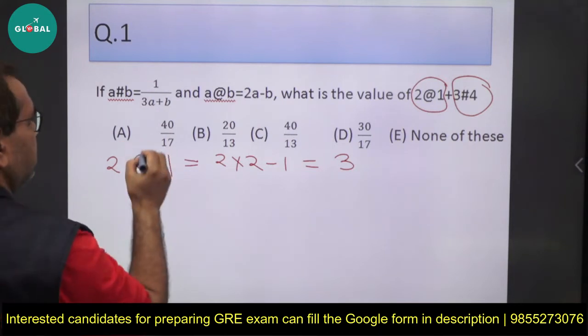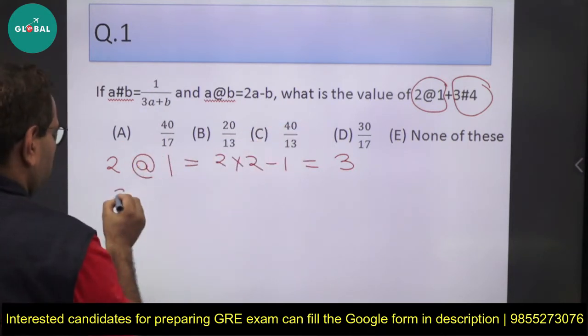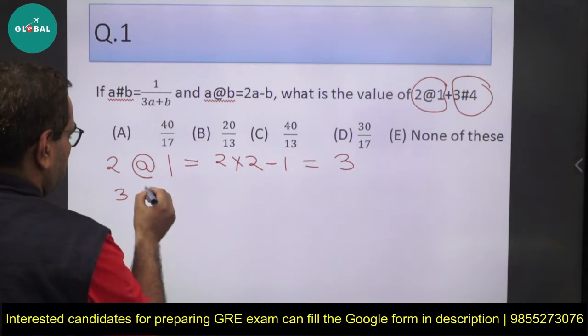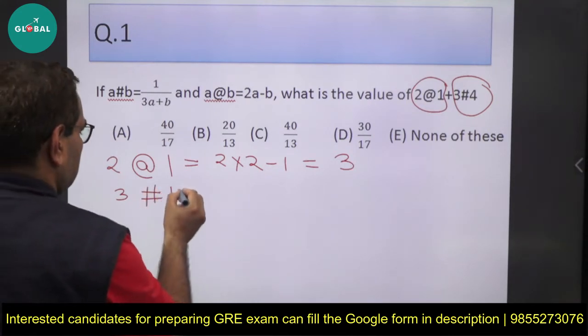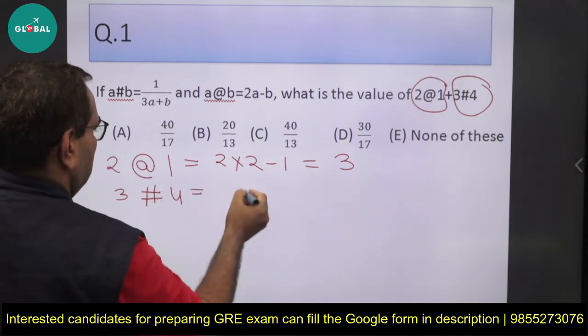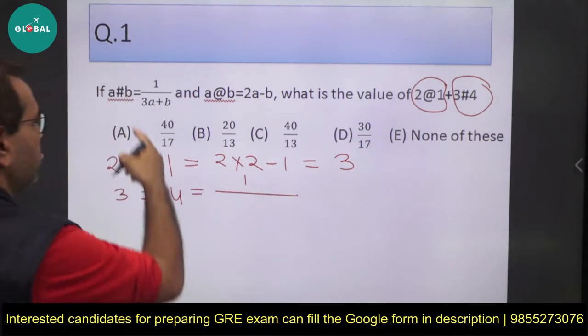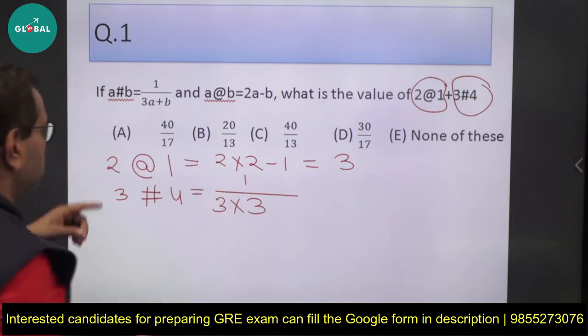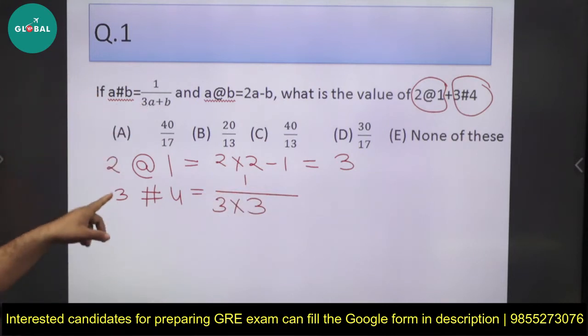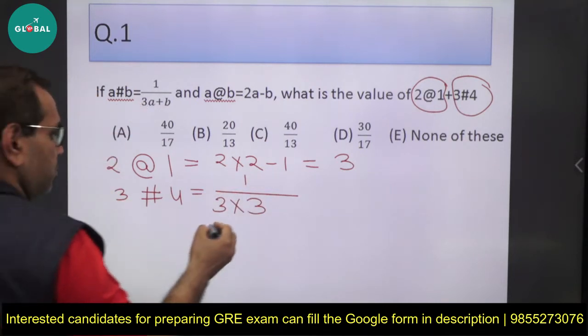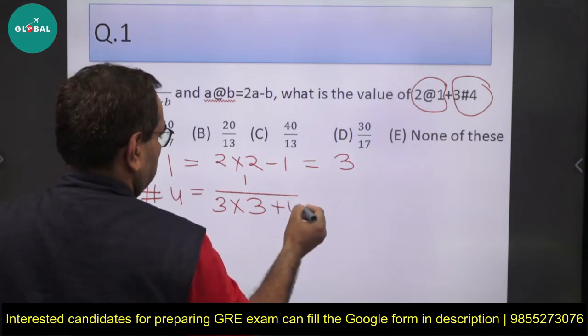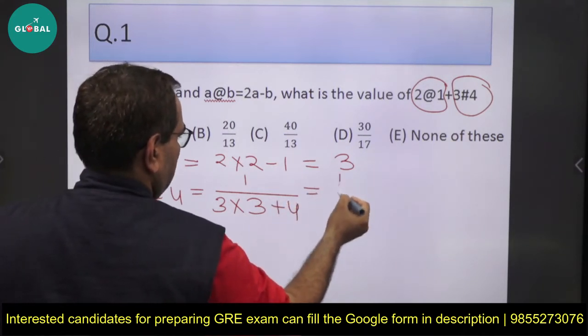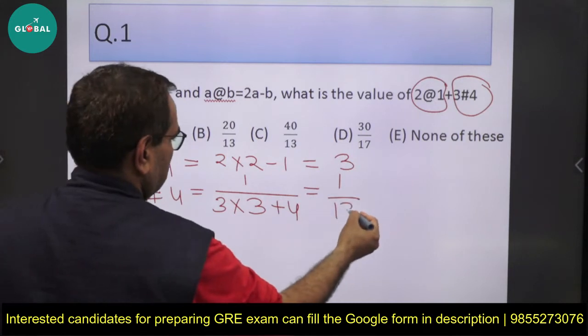So we have 3, then the has symbol, then 4, equal to 1 divided by 3 into 3, because this A is 3 here, plus 4, so equal to 1 upon 13.